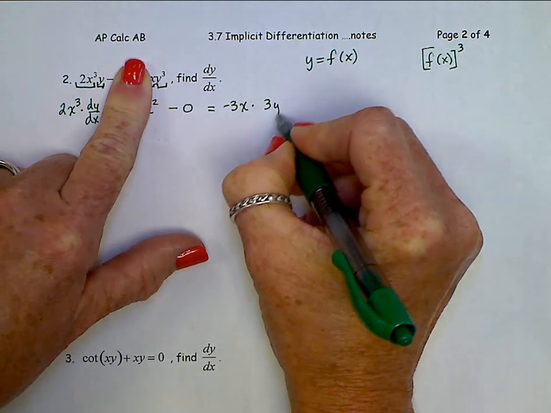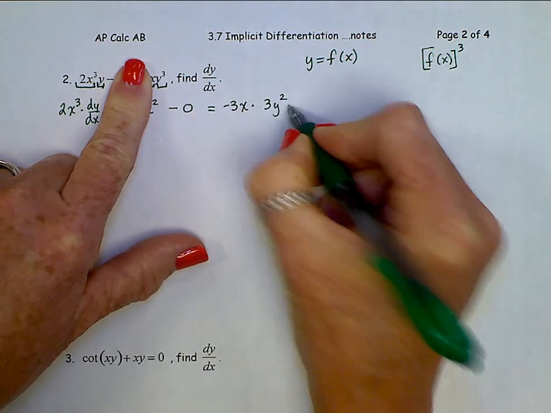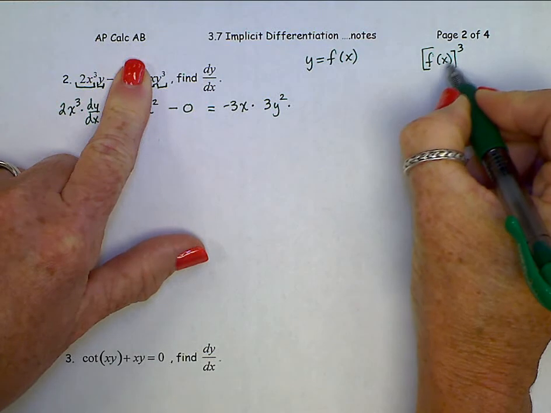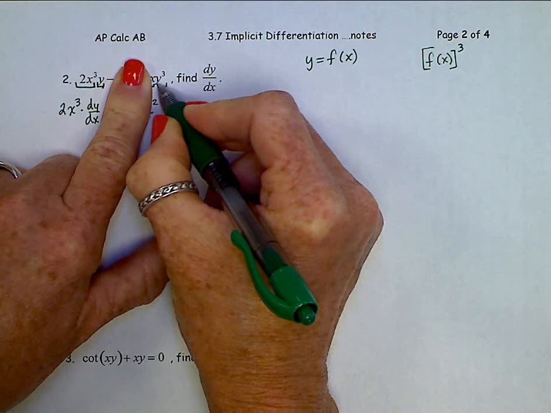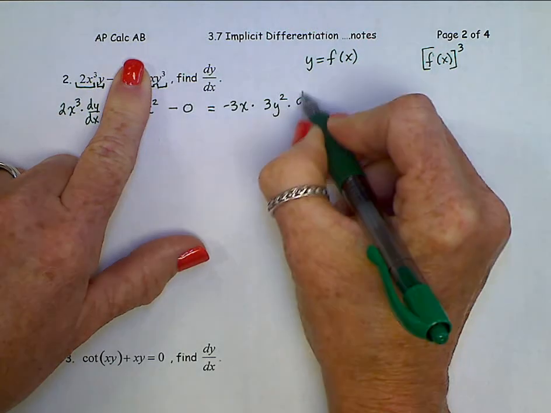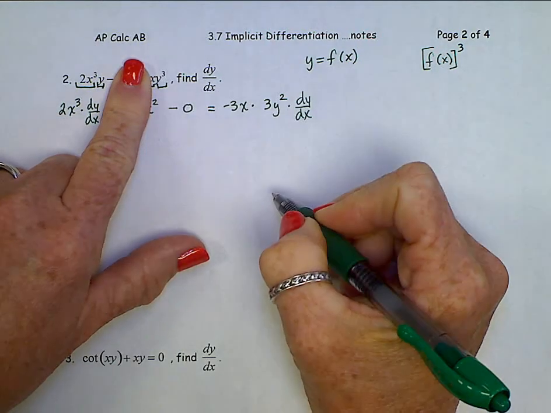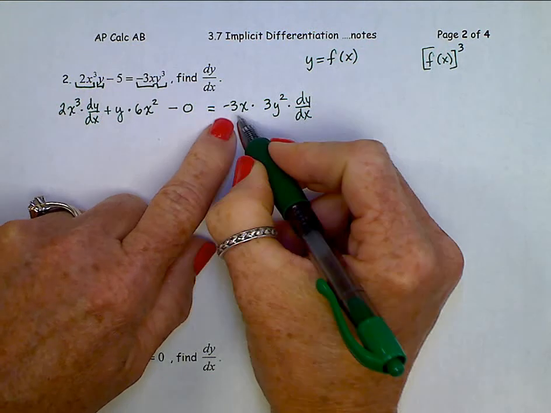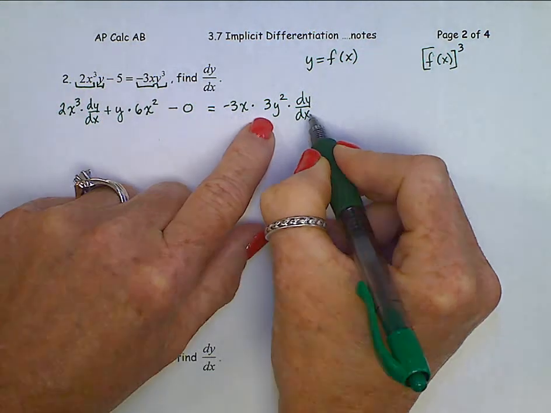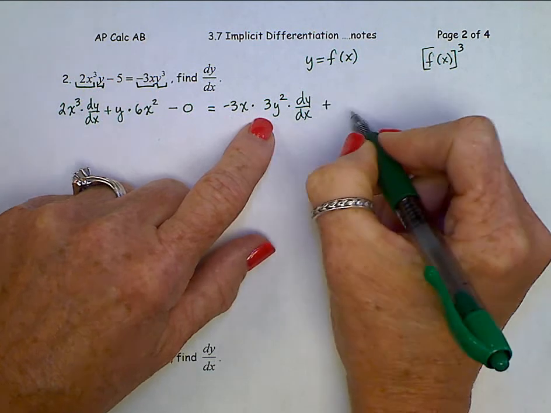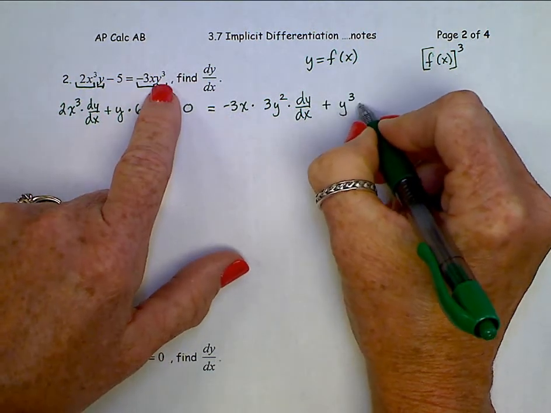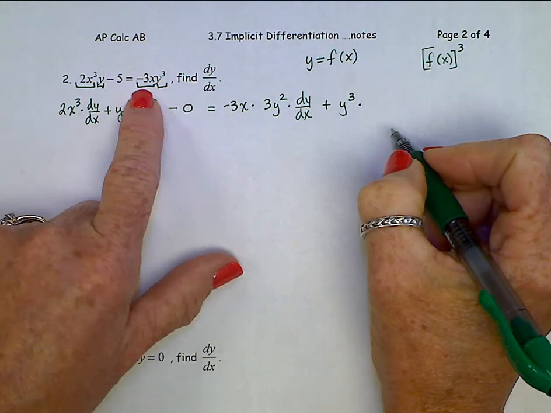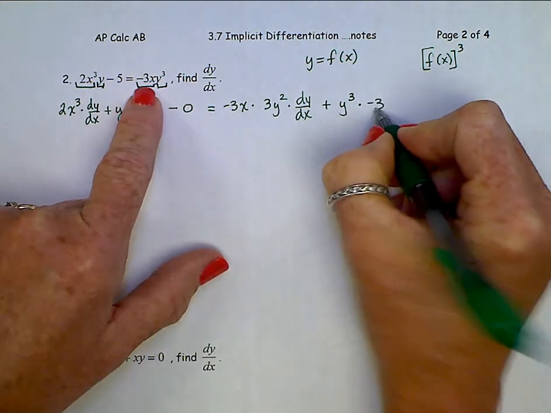3y squared, then times the derivative of the inside, which would be f prime over here, but the derivative of that y, dy dx. Here's first times the derivative of the second, plus the second function, y cubed, times the derivative of the first, negative 3.